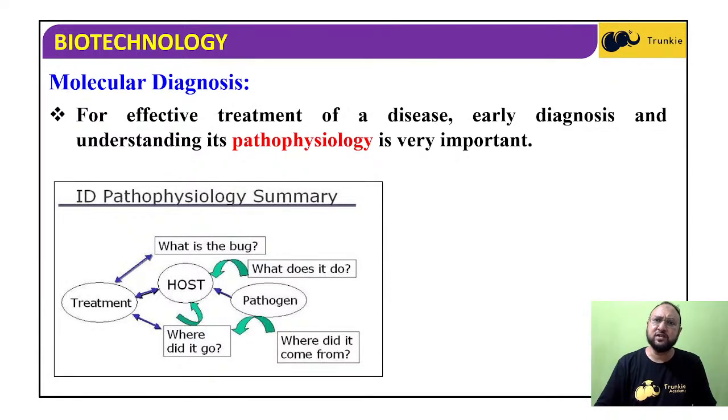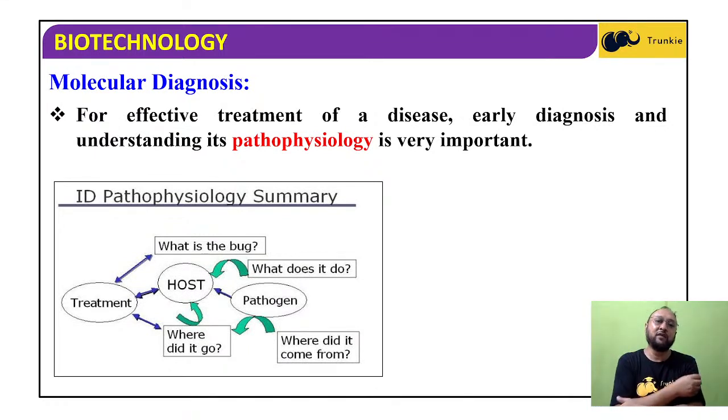For effective treatment of a disease, early diagnosis and understanding its pathophysiology is very important. Pathophysiology means which is the pathogen, what is the underlying cause, and how it is affecting the physiology, where it is going to harm, and how it is persisting in the physiology and affecting the body.